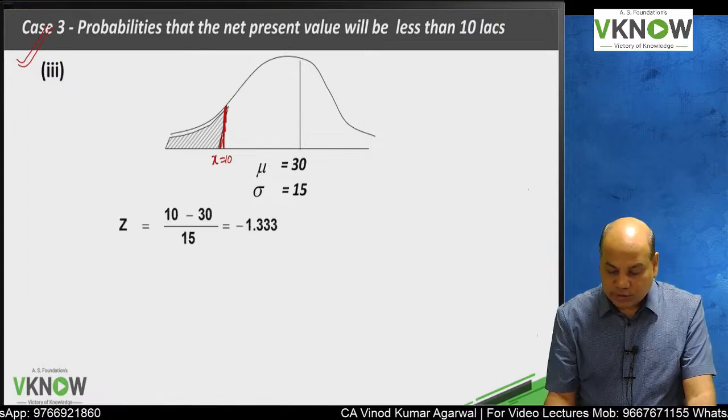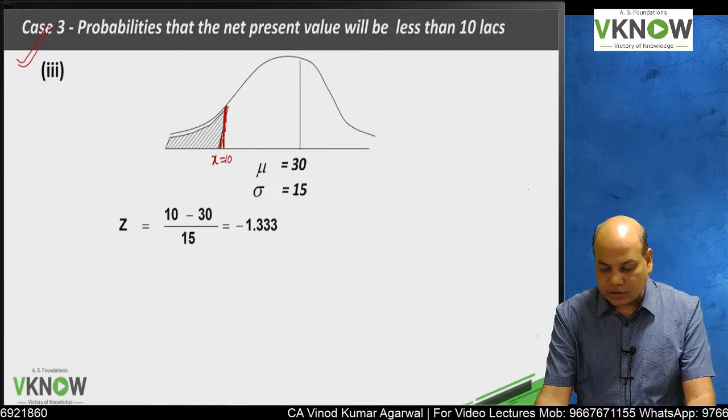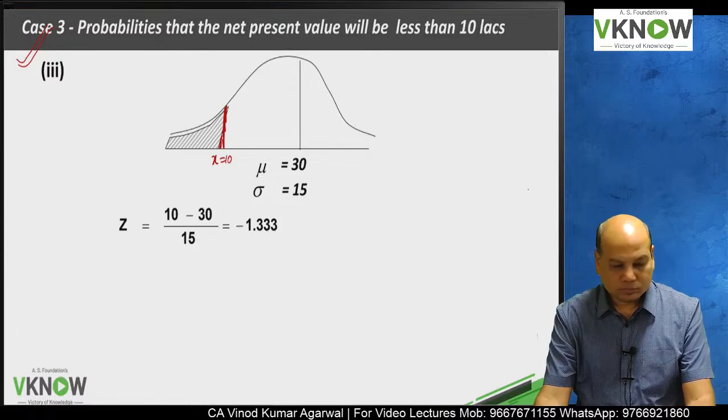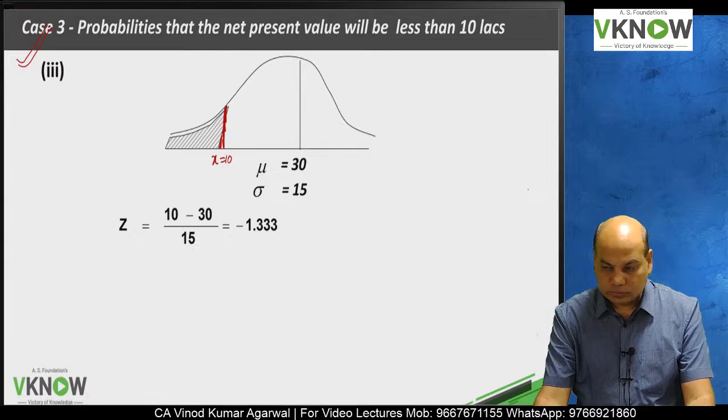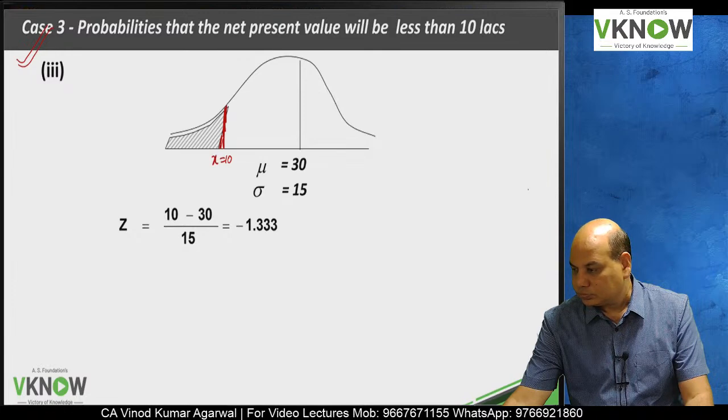After that you find Z value. Z value is 10 minus 30 upon 15.